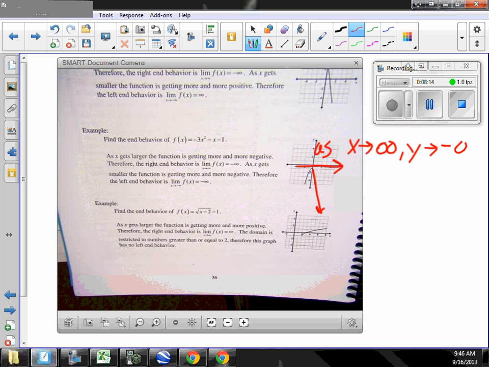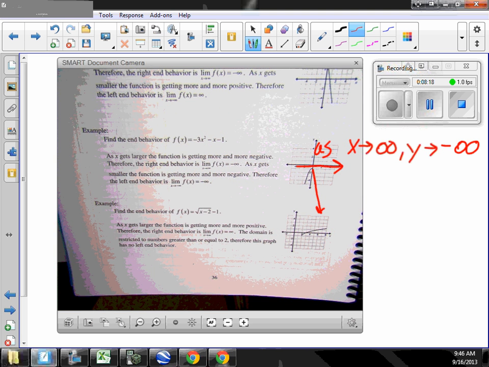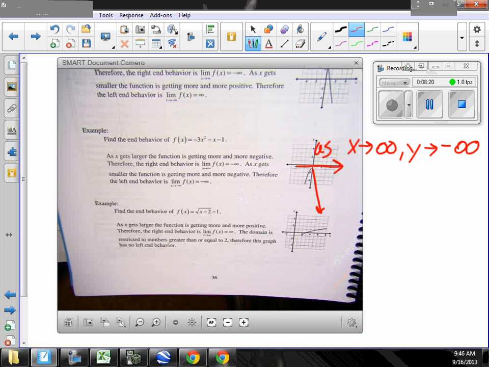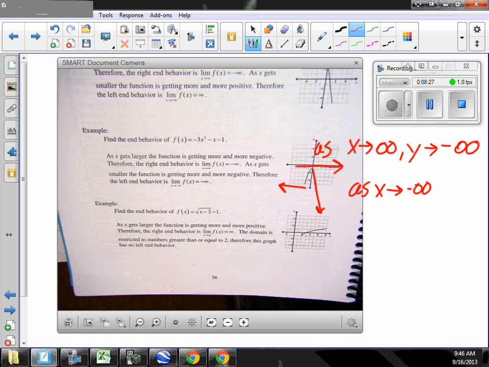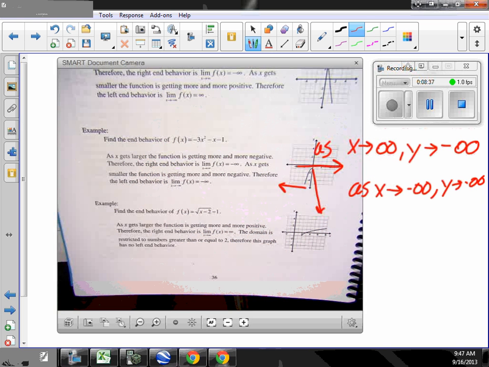So negative infinity. Okay. As x approaches negative infinity, so as x travels to the left, where does the graph go? Down. So y approaches negative infinity. Okay?